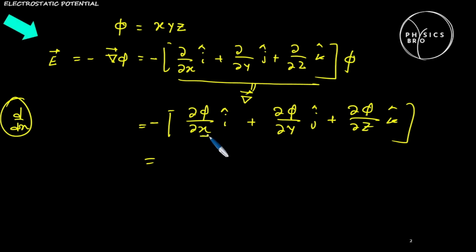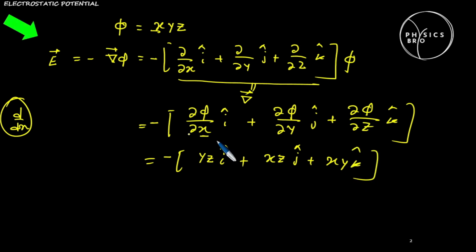So in case of partial, you will put all other variables, y, z etc., constant, and the only variable is x. In the next term y is the variable and x, z are held constant, and then x, y for k cap. So this is our electric field.